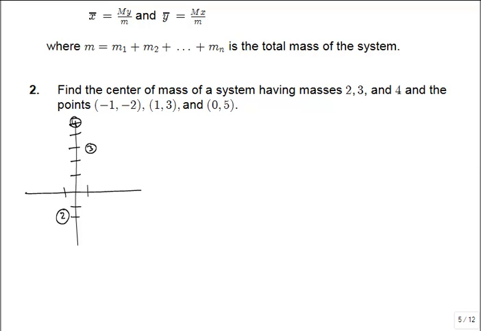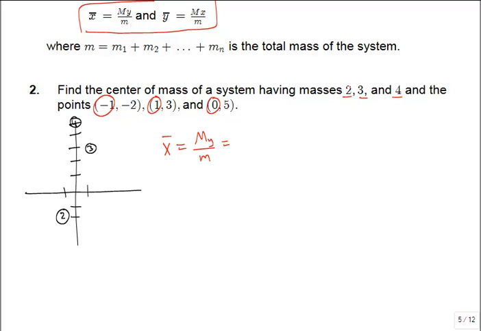So to find the center of mass, we're going to be using this formula right here. And to find our x bar, we're going to be using the moments about the y-axis over our total mass. So the moments about the y-axis use the x coordinates. So we're going to take each of these x coordinates times the corresponding mass, and that's what M sub y is.